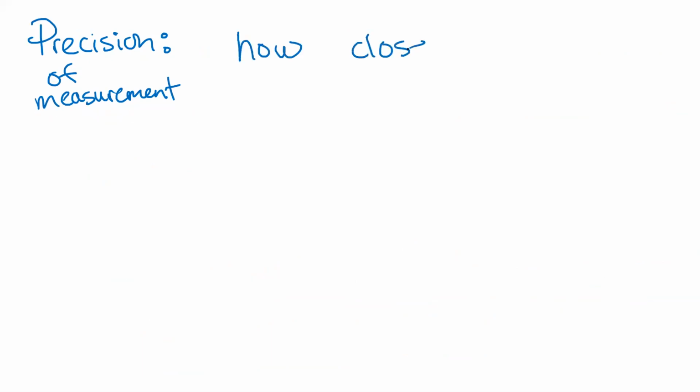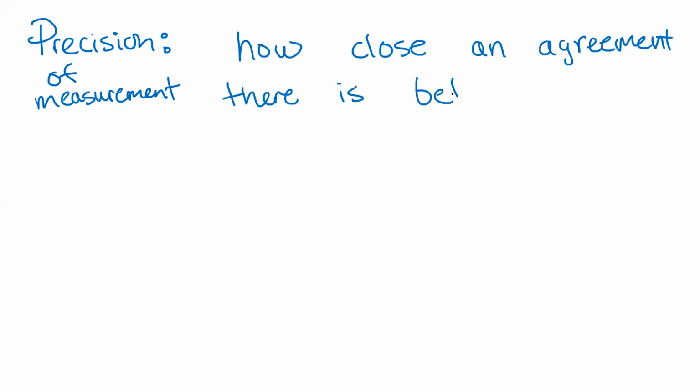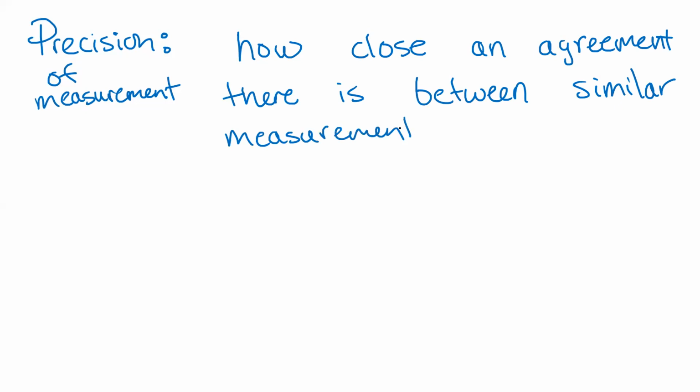How close an agreement there is between similar measurements. Now, what does that actually mean? Well, that means essentially how within the same ballpark, how within the same neighborhood are different measurements when they are taken.